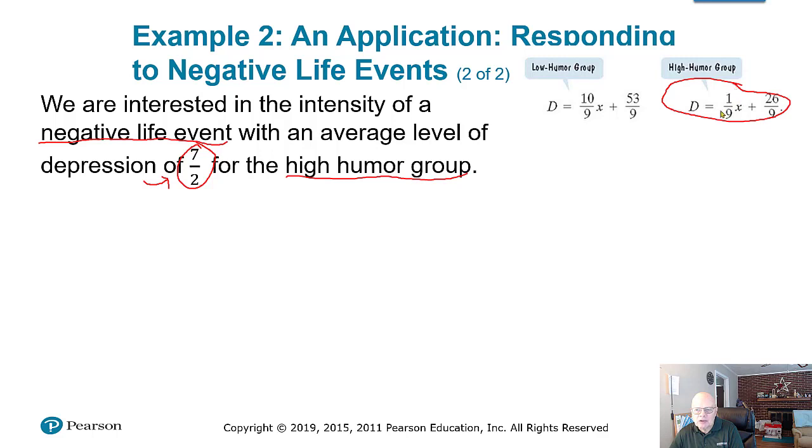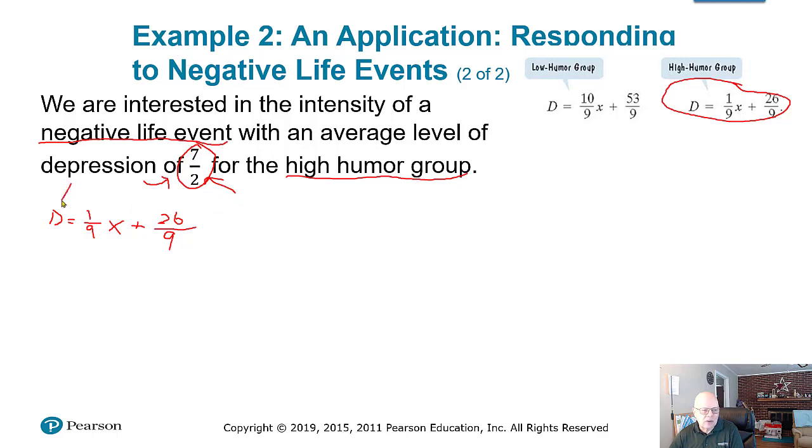So all you need to do is take this equation. So this equation, we'll just copy it. D equals 1/9 x plus 26/9. And what we're going to do is we're going to put the 7/2 in for the depression level.